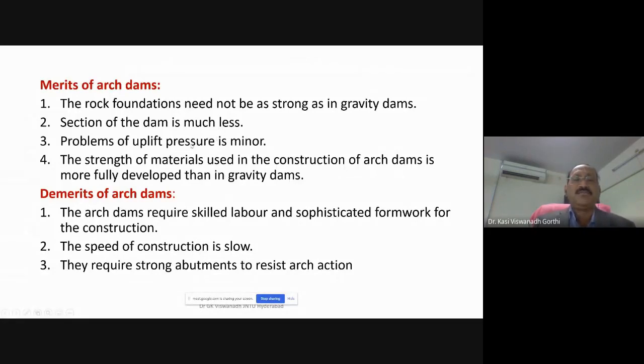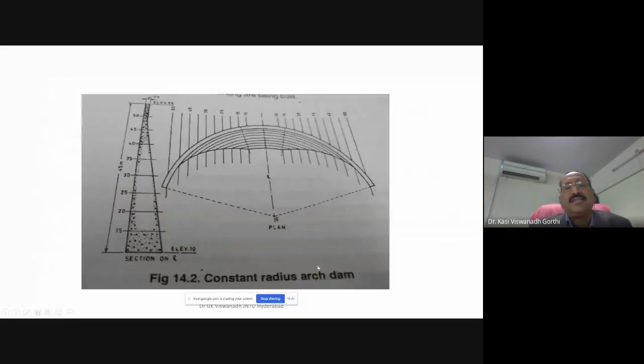The problem of uplift pressure also will be very, very minor. The strength of material used in the construction of an arch dam is more fully developed than in gravity dams. So it is easier to construct an arch dam compared to a gravity dam in terms of using huge material. The disadvantage is that skilled labor is required. The process of construction is slow, and the abutments, which are provided at the end to take care of the arch action, should be very, very strong.